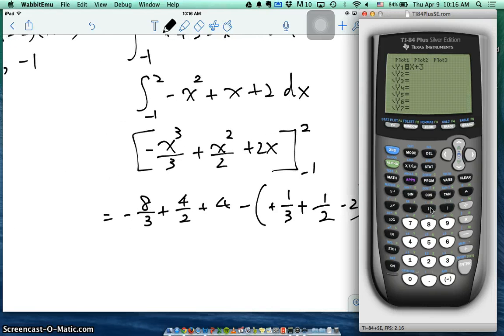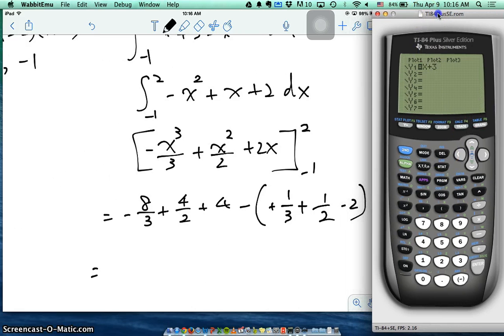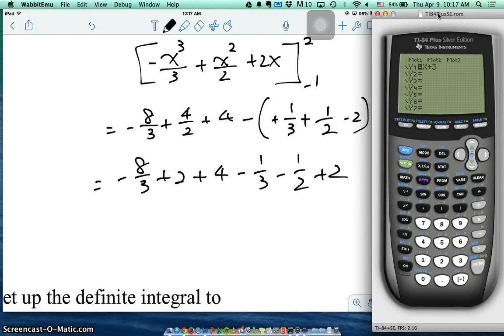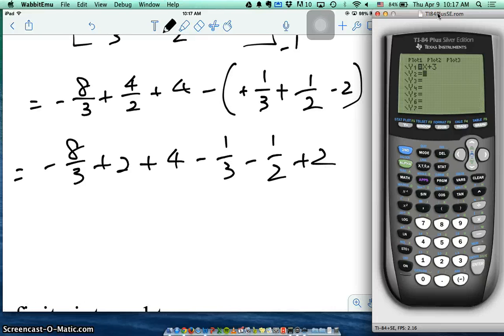Let me move the calculator really quick. Okay, let's change the signs: plus 2 plus 4 minus 1/3 minus 1/2 plus 2. This is beautiful, something works out nicely.